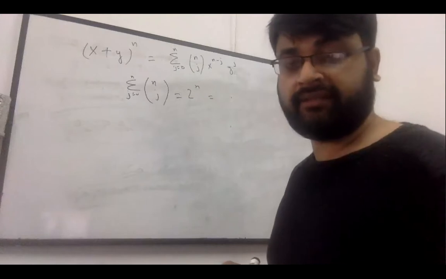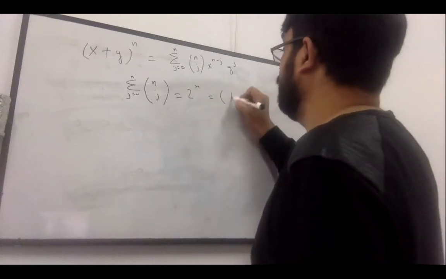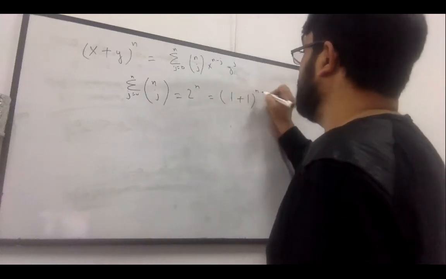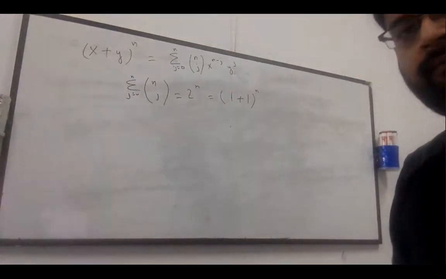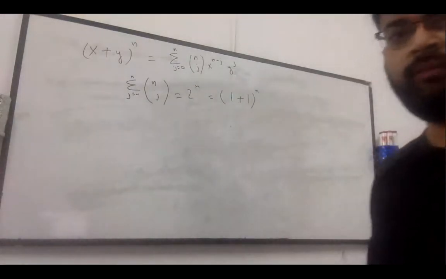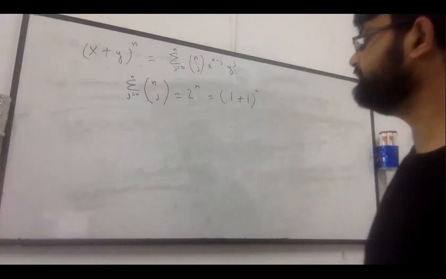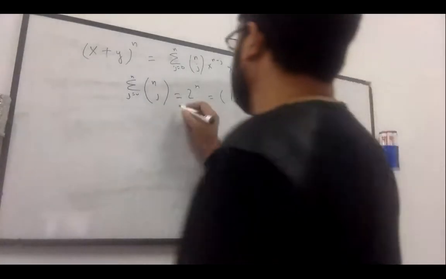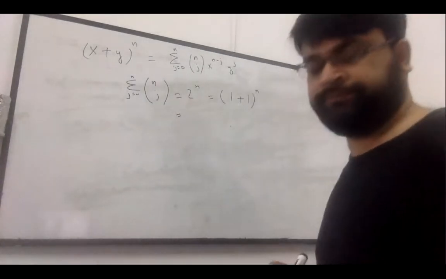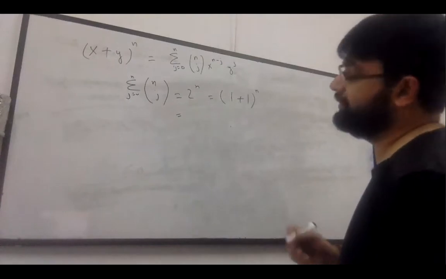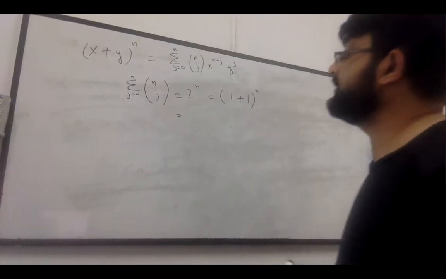How can we represent it as a binomial equation? Well, 1 plus 1 to the power n, this is a binomial equation. If this is a binomial equation, we can simply expand it further.